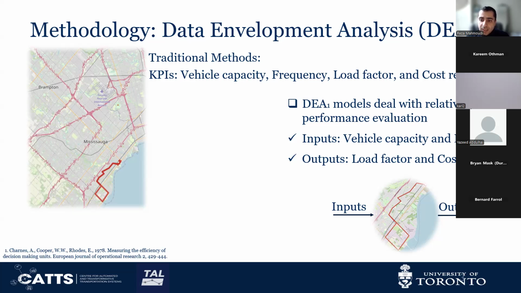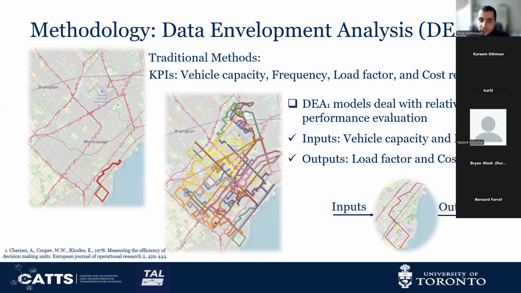Then they assume that each transit route acts as a system which takes inputs and produces outputs. And instead of focusing on a single transit route, they do the performance evaluation of a transit route in the presence of all other transit routes in the network. That's why we call it relative performance evaluation.